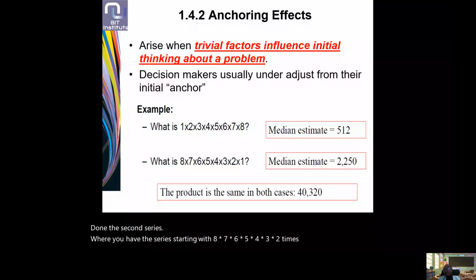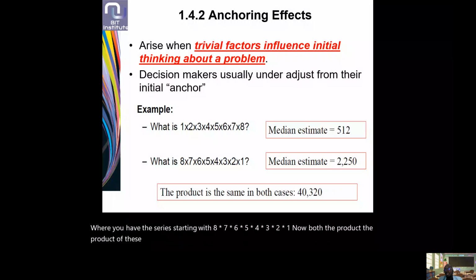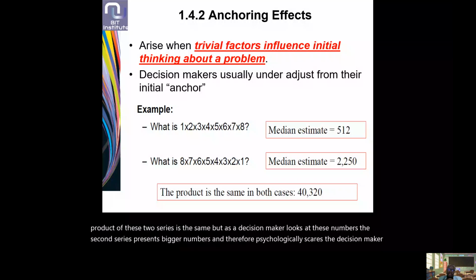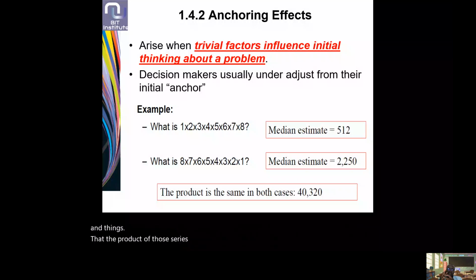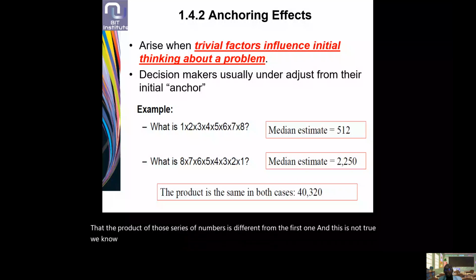Now, the product of these two series is the same, but as a decision maker looks at these numbers, the second series presents bigger numbers and therefore psychologically scares the decision maker, who thinks that the product of that series is different from the first one. And this is not true. We know that the product of those two series is 40,320.